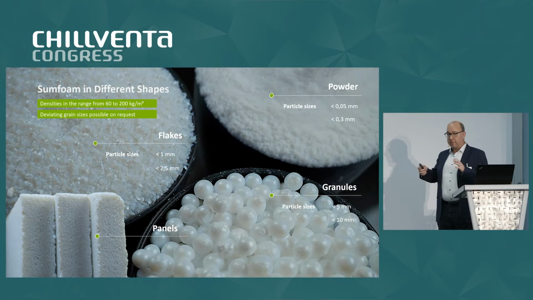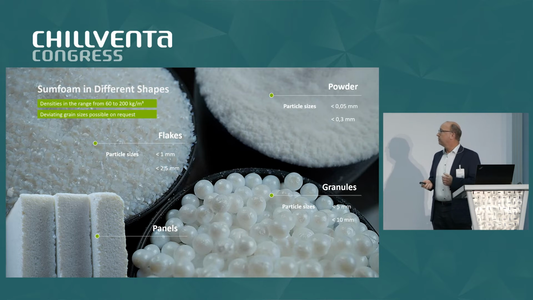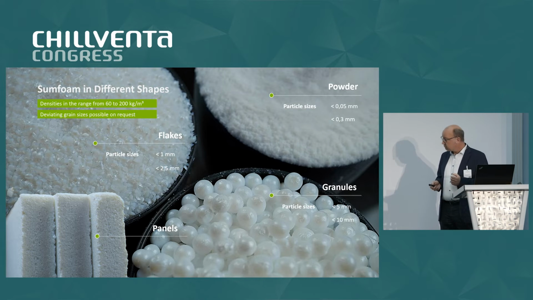All the particle sizes in between we can produce as well. We can sieve the material depending on the customer's need. Last but not least, our panels, a very new product. In the next step, I will go a little bit deeper into it.